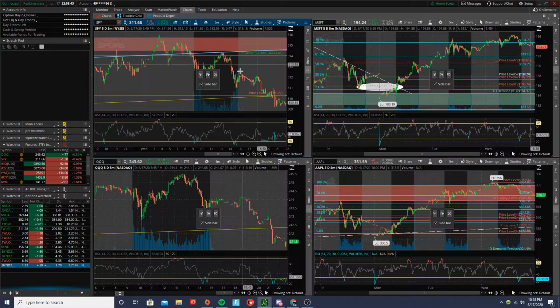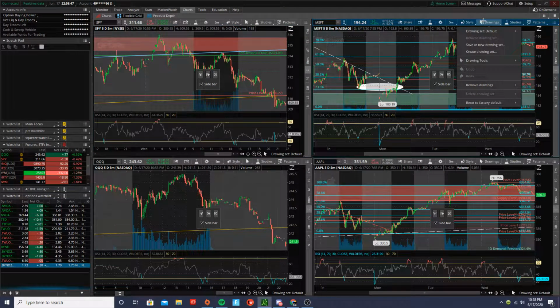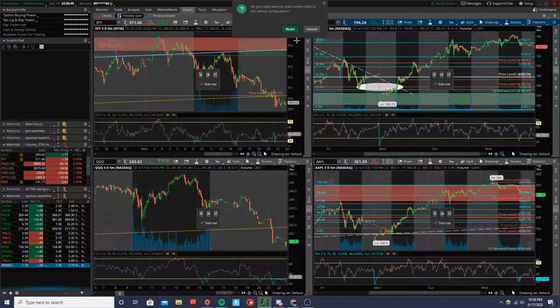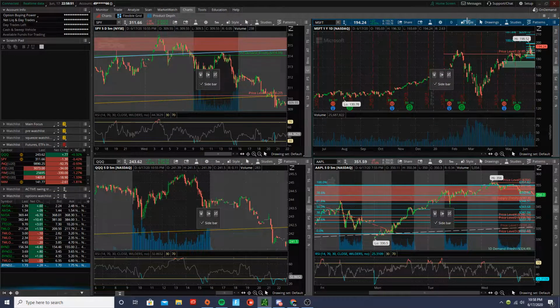So now that I showed both of my charts, I'll show you how to get them like this. Drawing style, reset the chart default. That's not what I want to do.